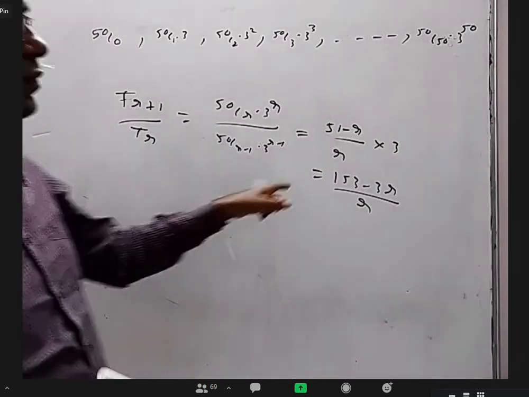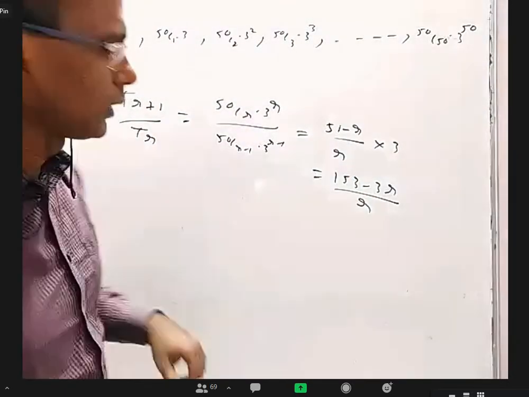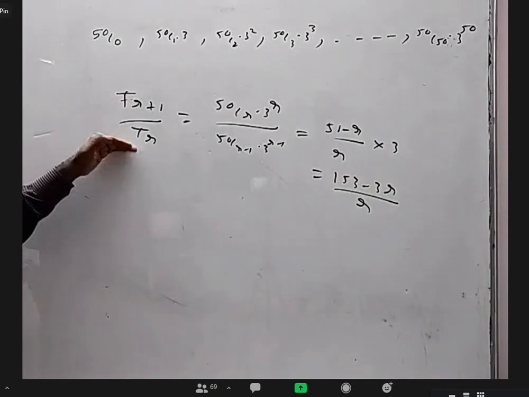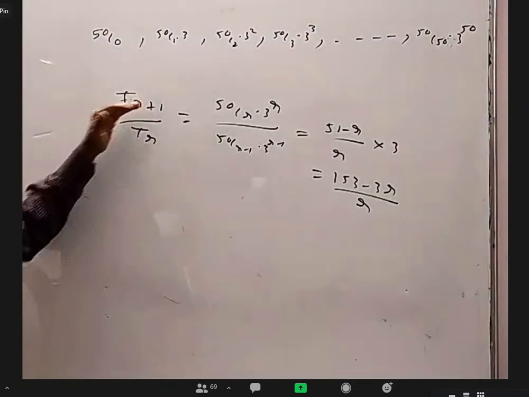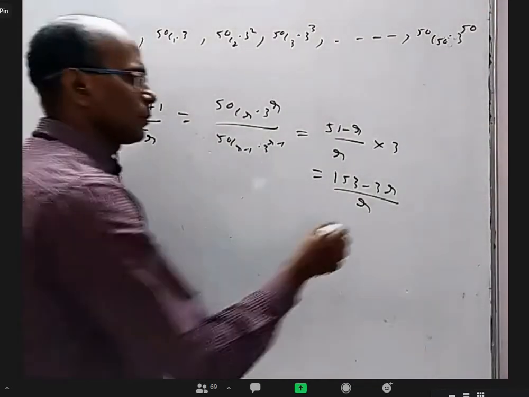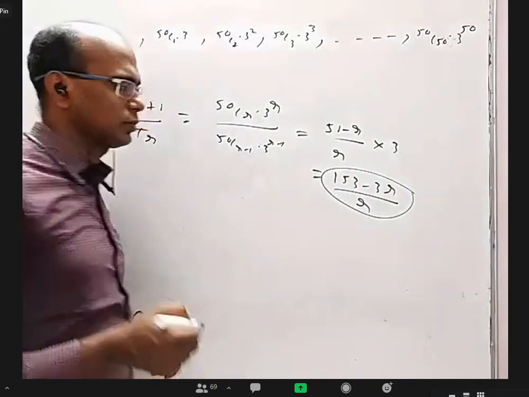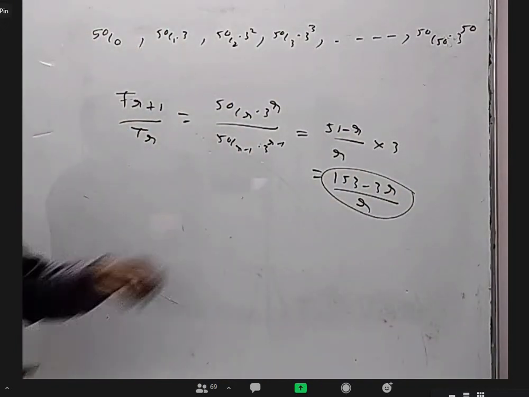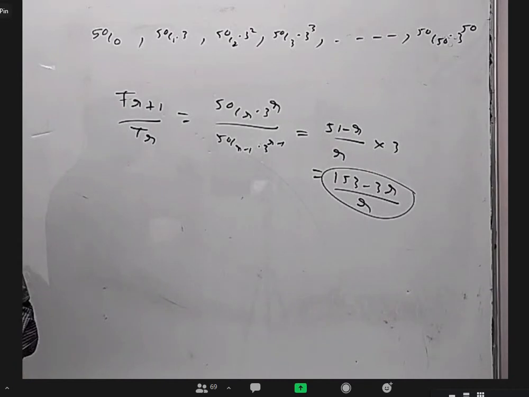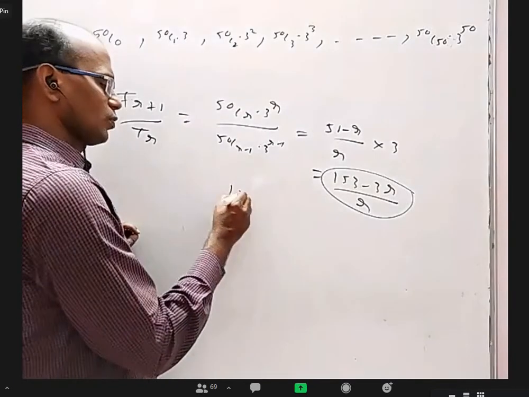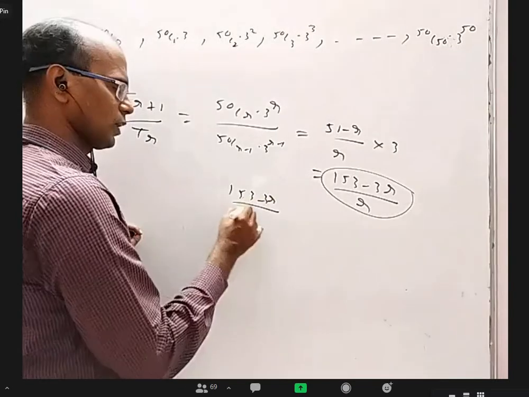Now everything depends on whether this is more than 1 or less than 1. If this is more than 1, it means this term is greater than the previous one. If this is less than 1, this term is less than the previous one. So tell me, first of all, when is this roughly equal to 1? What is the r value where it is roughly equal to 1? So let us take (153 minus 3r) by r greater than 1.